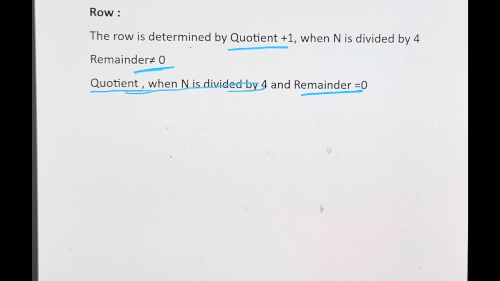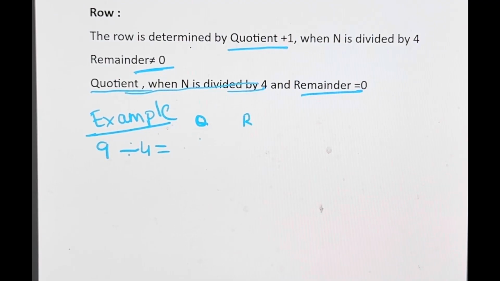Let us take an example, suppose 9. Then we can confirm the rule which we have established by looking at the grid. So 9 we divide by 4. What is the quotient, and what is the remainder? 4 2s are 8, so 2 will be the quotient, remainder is 1. Now the row will be q plus 1 because here the remainder is not 0.